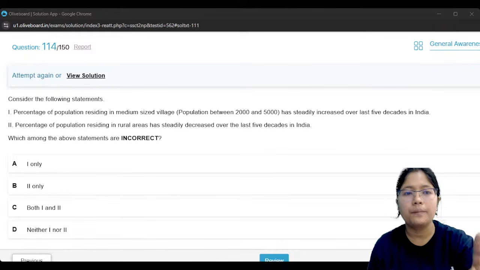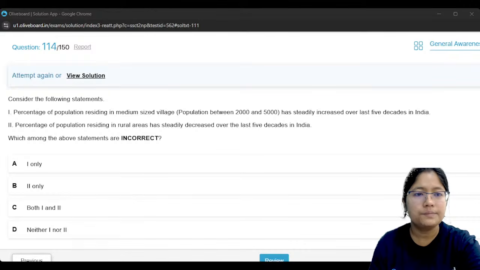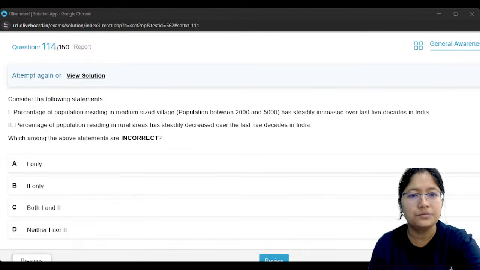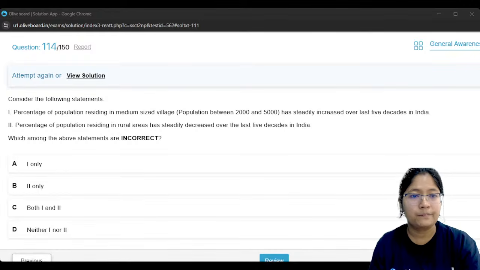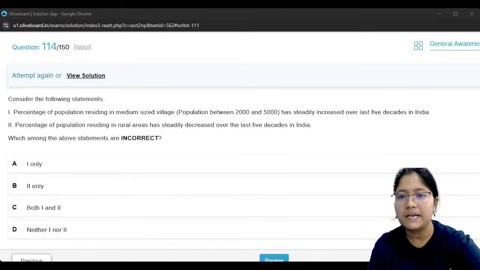So percentage of option number 2 here, percentage of population residing in rural areas has steadily decreased over the last 5 years. Is it correct? Has the people decreased in the rural region in the last 5 years? It is not correct.